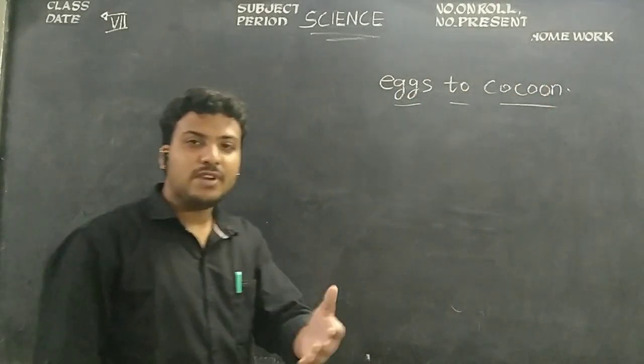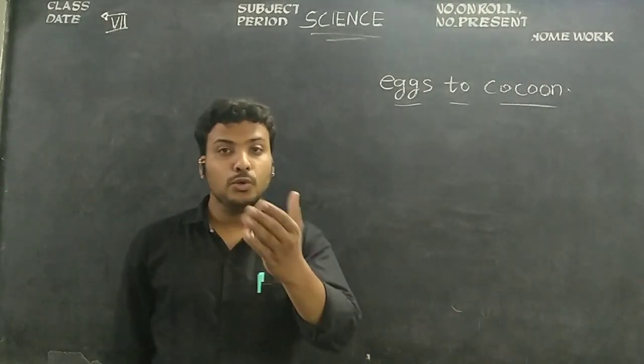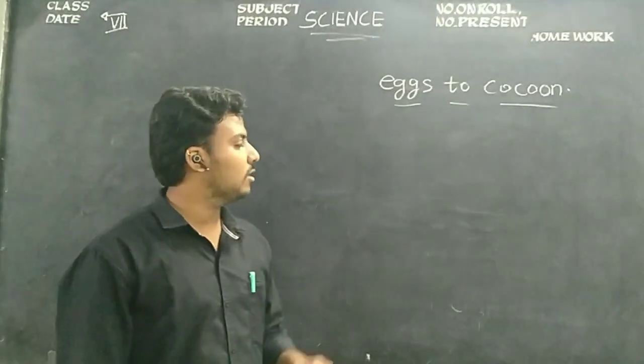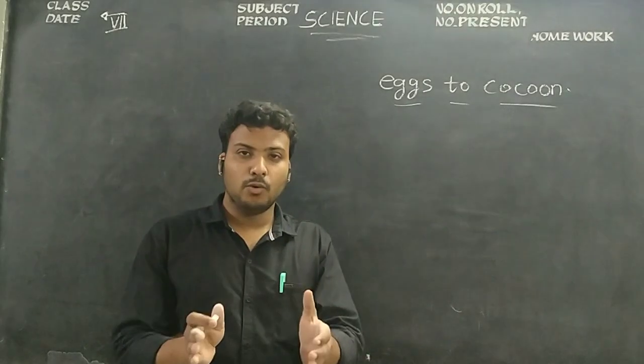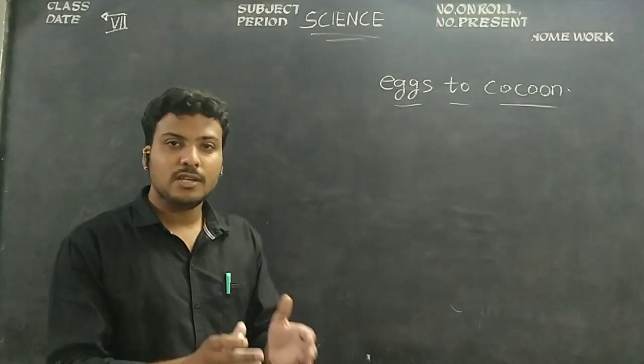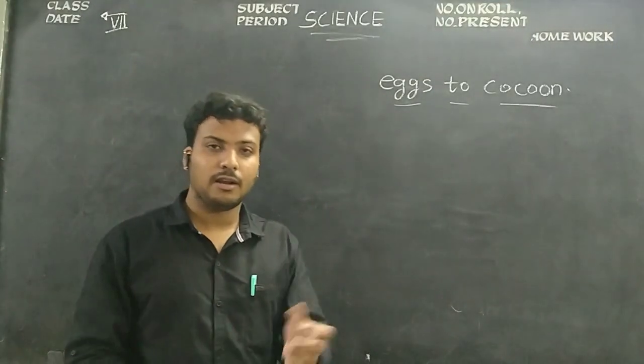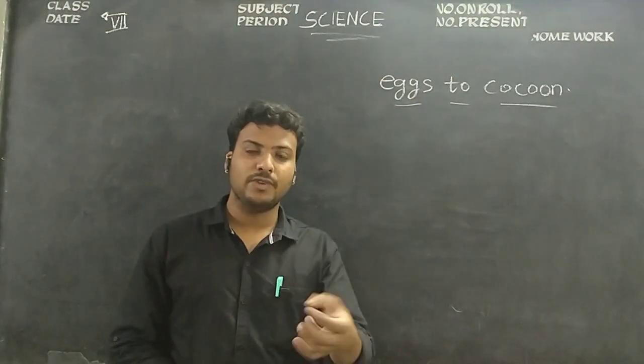Children, if you have a textbook, there is a picture in this lesson, so you can identify the clear picture. There will be a group of eggs in a large tray, children, and some special mulberry leaves are placed and larvae are also there on the leaves to feed them, children.